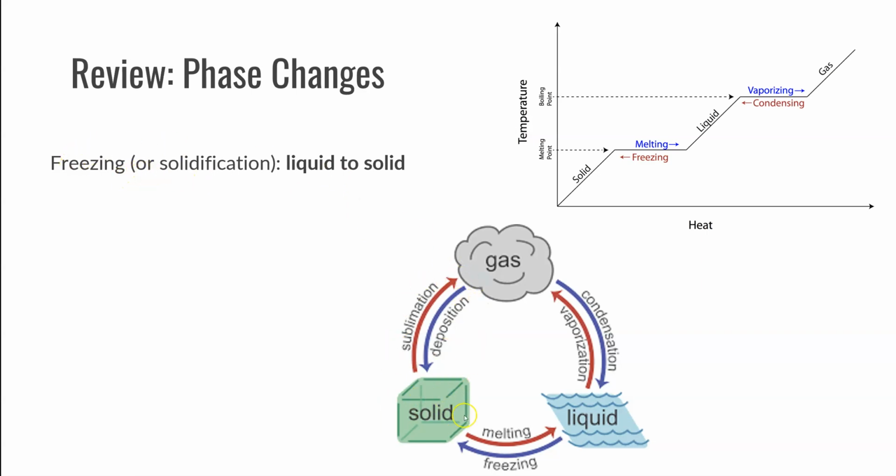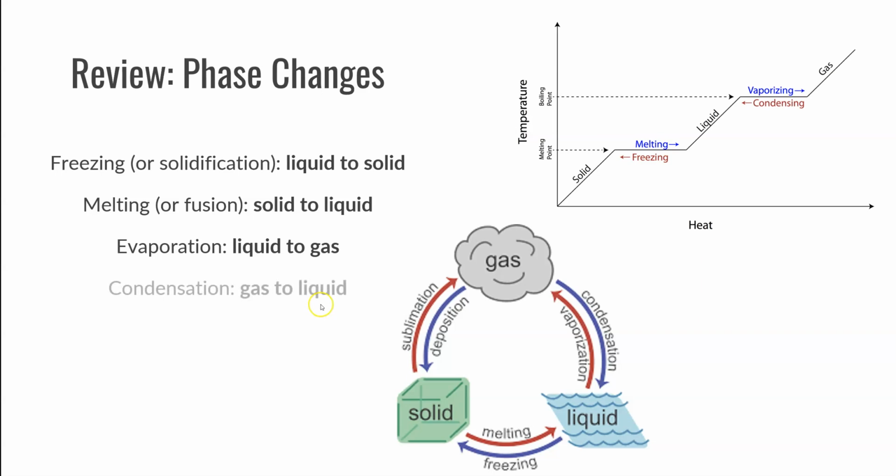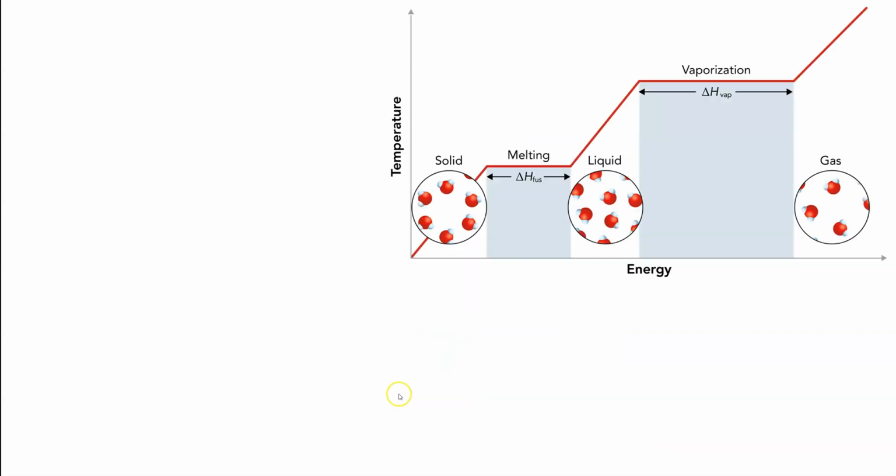When we're melting, we're going to call this one fusion, which goes from a solid to a liquid. The word fusion pretty much is going to be governing our delta H's. Evaporation is from a liquid to a gas, condensation is from a gas to a liquid, and sublimation is from a solid to a gas. Deposition is a little bit different. It's actually the reverse: we're going from a gas to a solid.